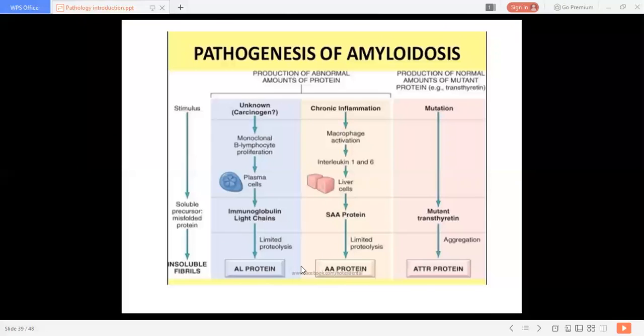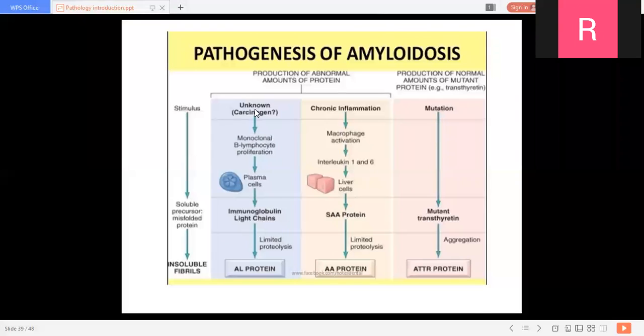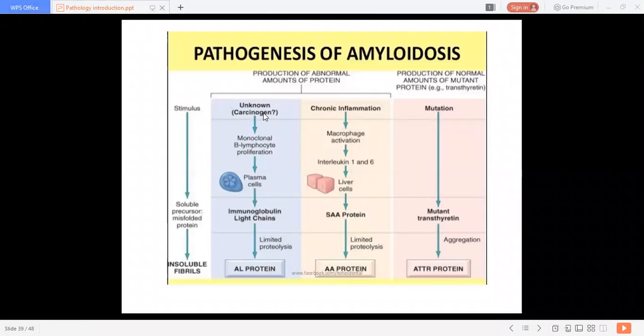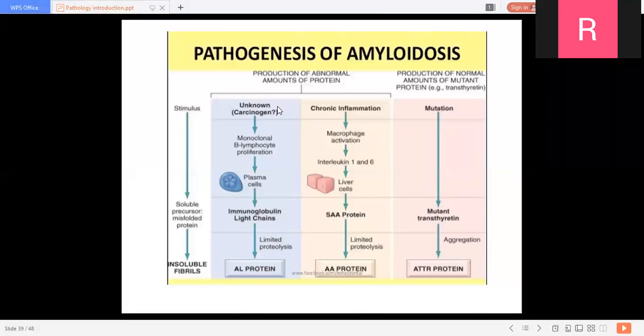The stimulus for AL amyloid is multiple myeloma or B cell lymphoma. Here it is given as unknown, with a query whether it is a carcinogen or not, but you can write down that the stimulus for AL amyloid is multiple myeloma and B cell lymphoma.